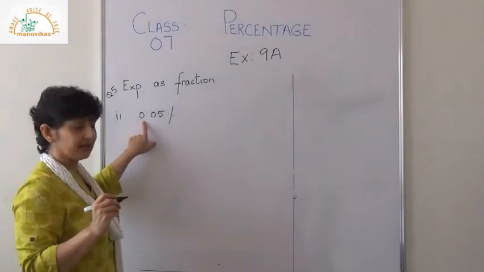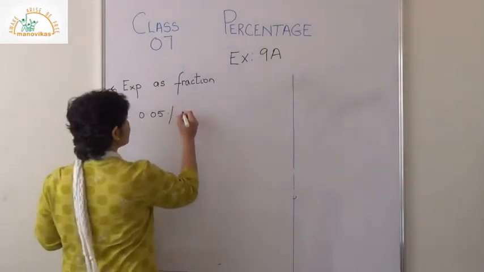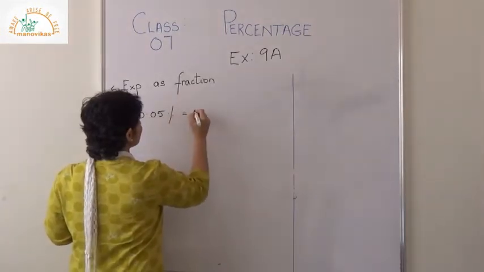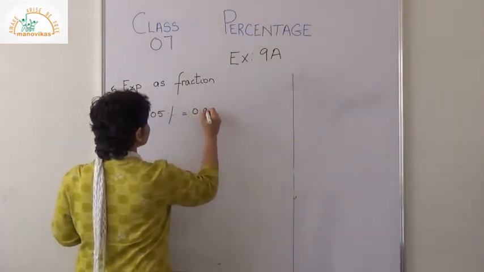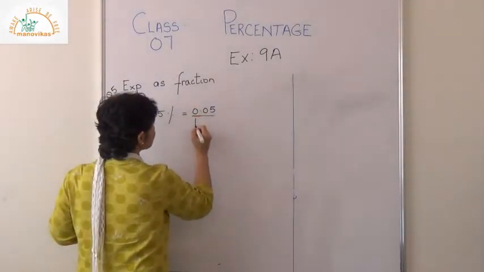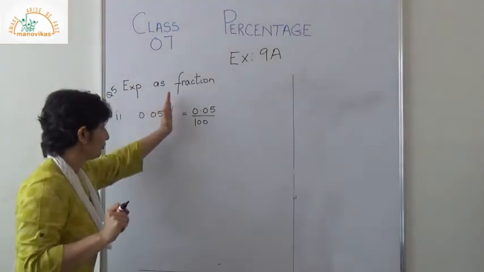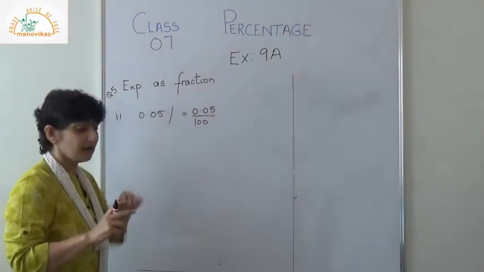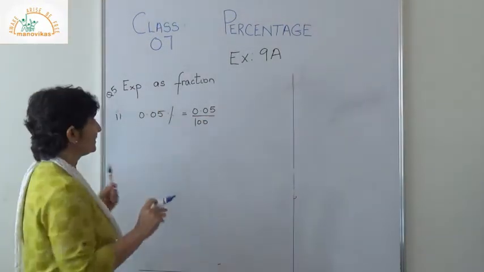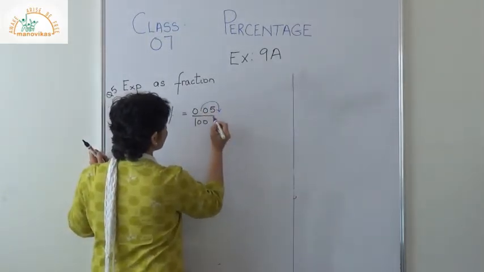First, let's convert this itself. What is the meaning of 0.05%? When I remove the percent, it becomes upon 100. Have you understood? When you're removing the percent it means upon 100. Now, when I shift the decimal 1, 2, what do I do, children?